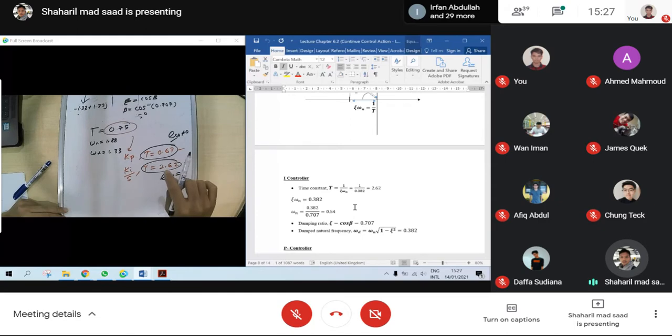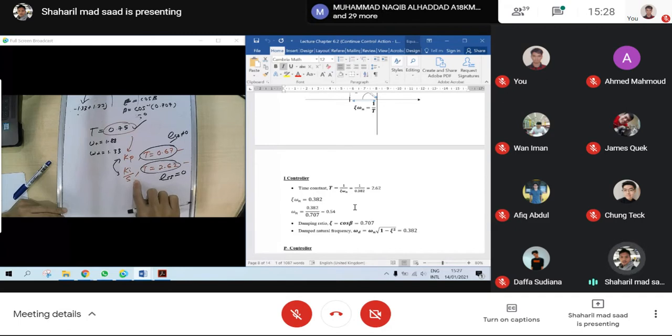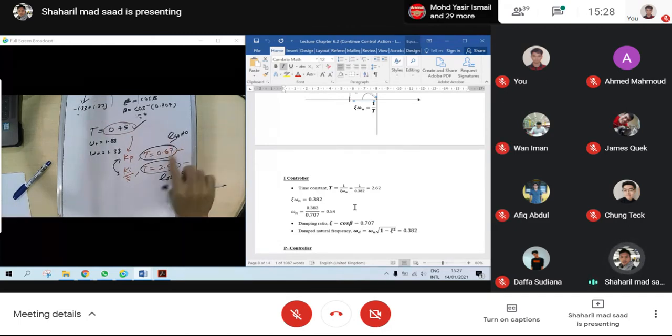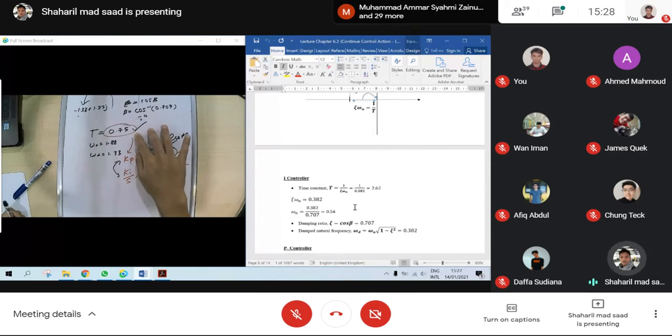So now we combine Kp and Ki here, then we can achieve a time constant that is faster than applying the integral only, but a little bit slower compared to the proportional. So if you can accept this in your system, we can go for it.